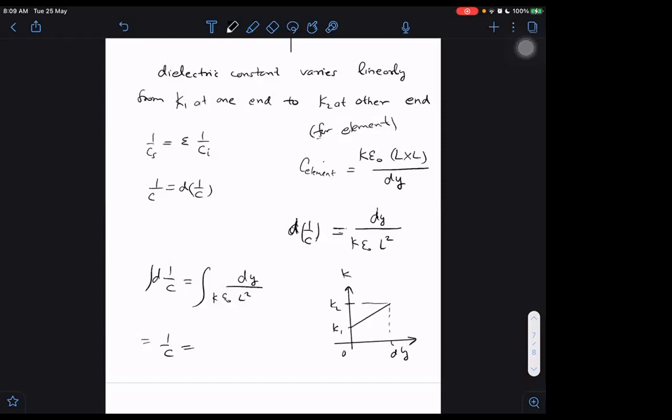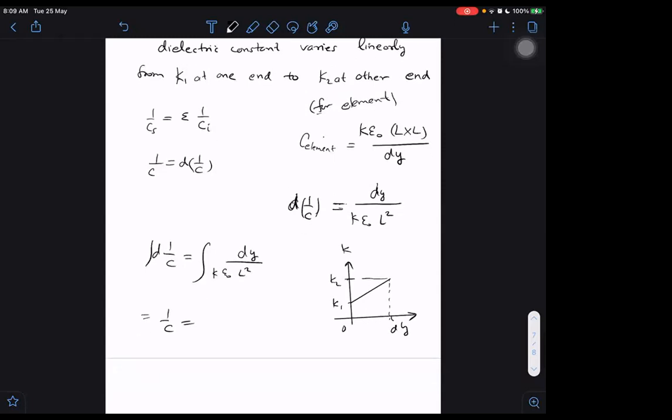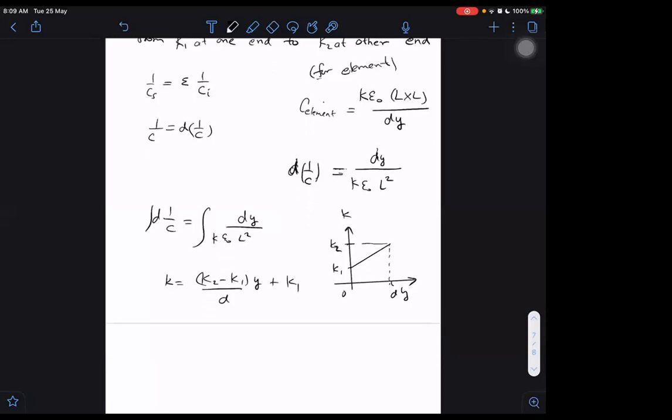The equation is y equals mx plus c. K is equal to K2 minus K1 by d into y plus K1.